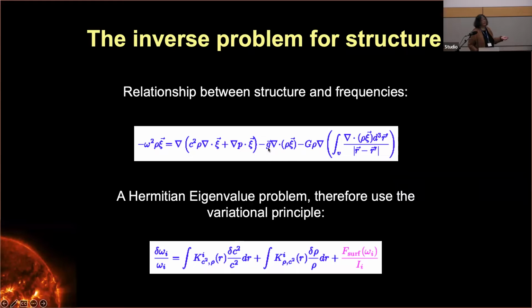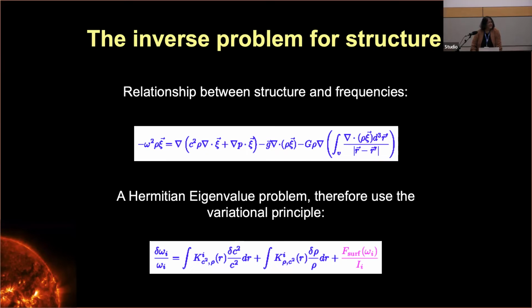G is acceleration due to gravity, which, because that depends on mass, also depends on density. So basically, c and rho are what matter, and psi are the eigenfunctions. Now, we can't observe the eigenfunctions in the interior of the sun. If we did, we wouldn't be talking here.